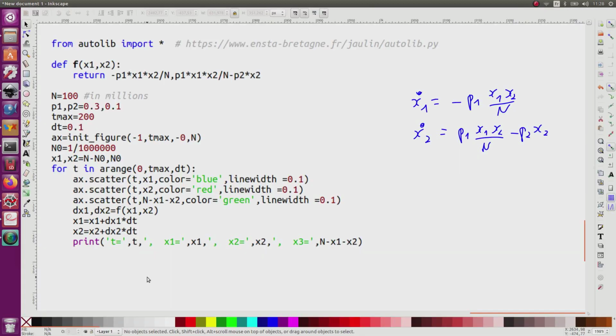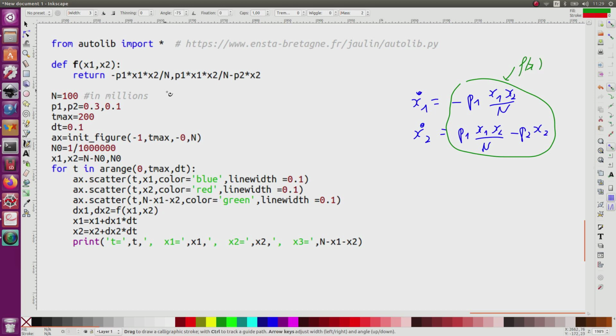For the simulation, I propose the following Python program. First, I have to program the evolution function f of x of my system, which is given here. And then the initial state: I have the total population, which is 100 million.